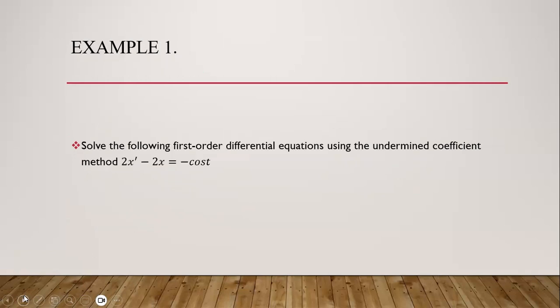So we have our first example: solve the following first order differential equation using the undetermined coefficient method. Our example is 2x prime minus 2x equals negative cos t.